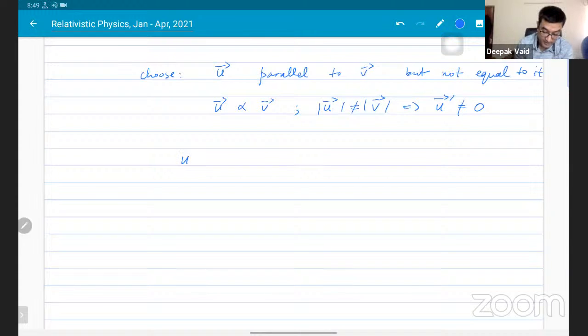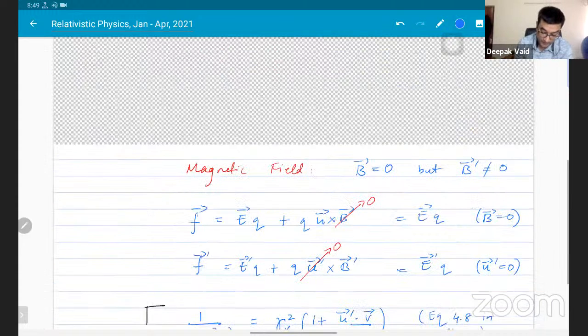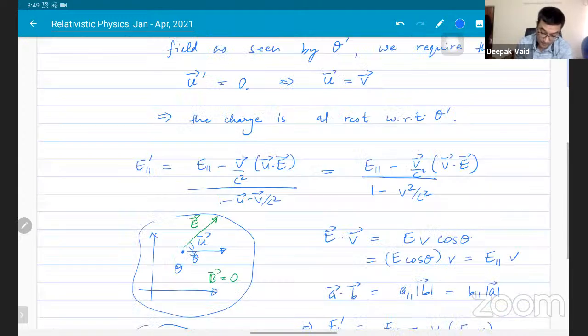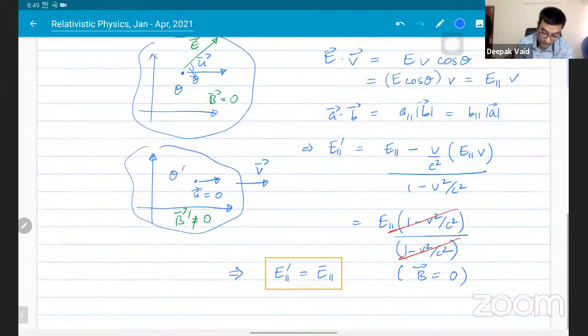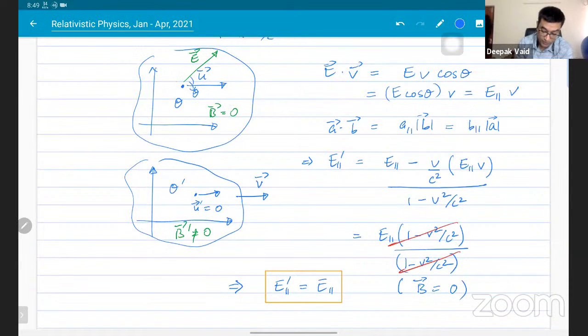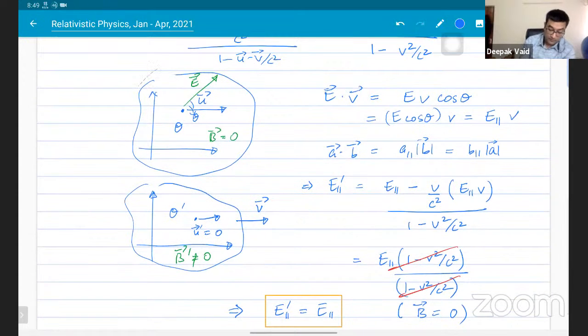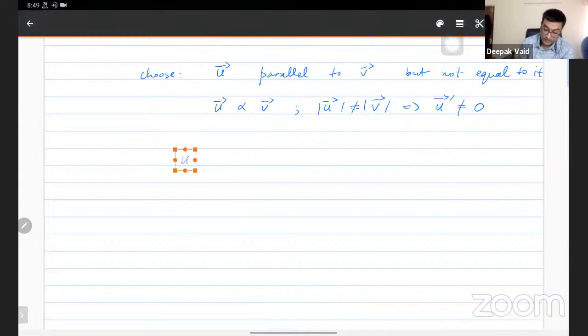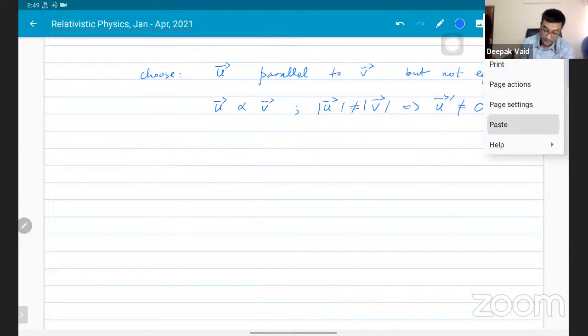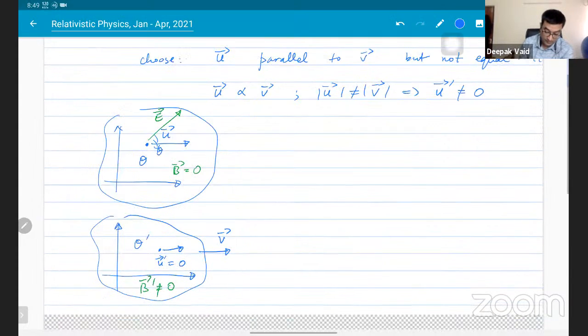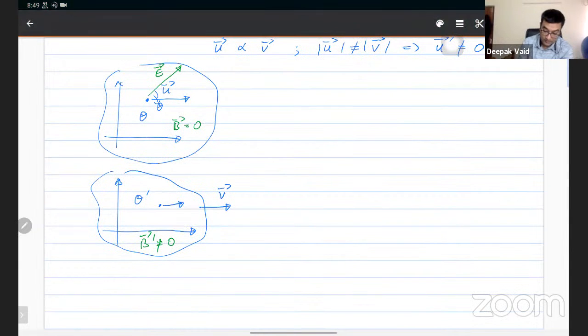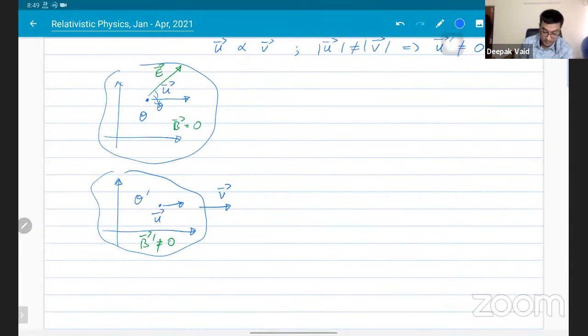But what we can say is the following. Again, if we look at this picture, we say u prime is parallel to v prime. So let me copy this picture and put it on the next page. U prime is not zero.